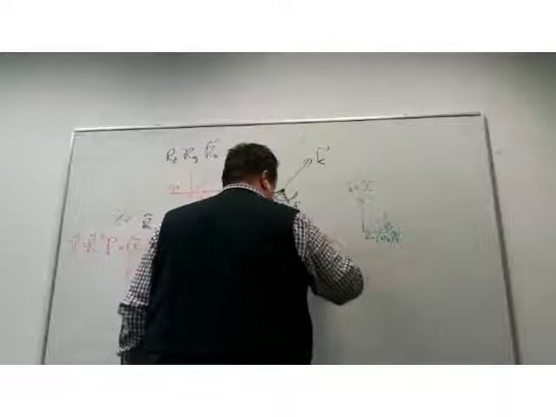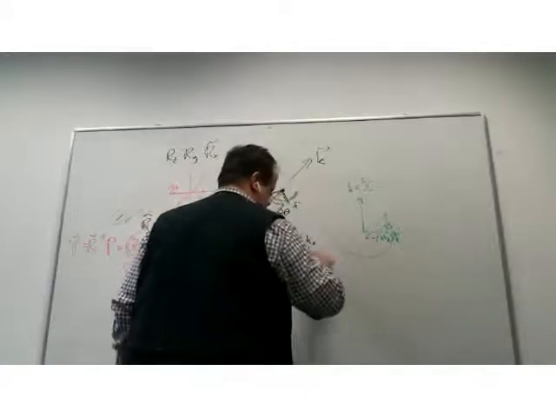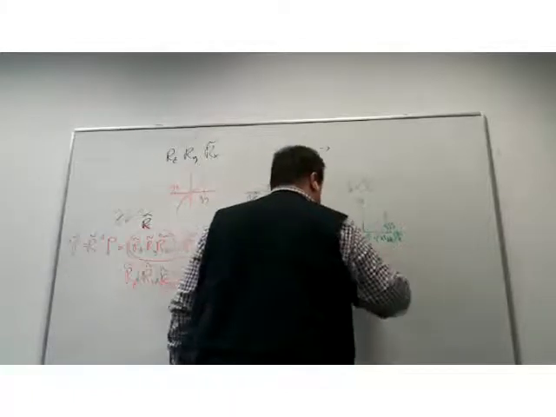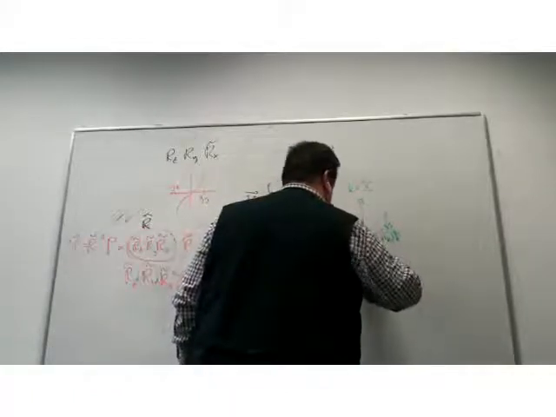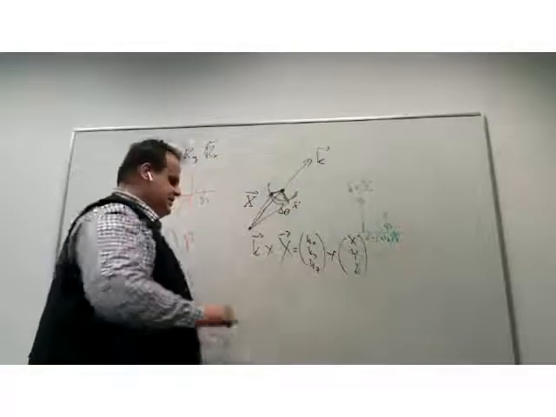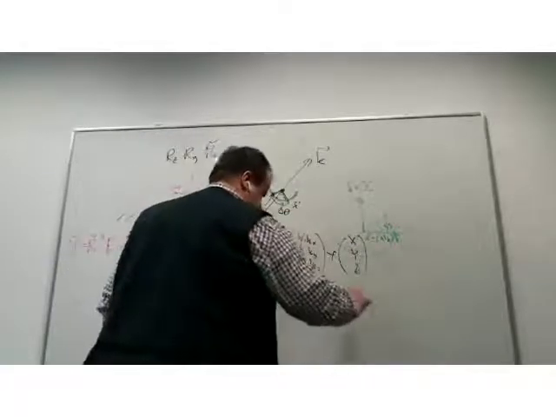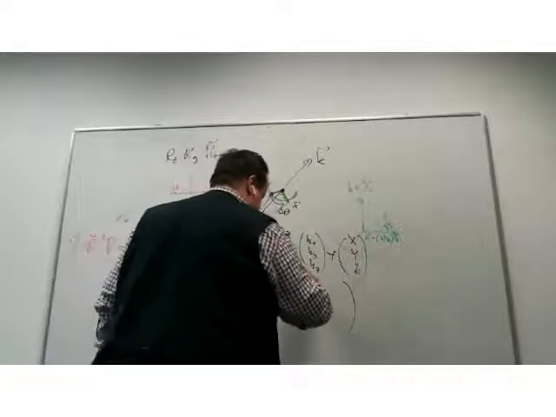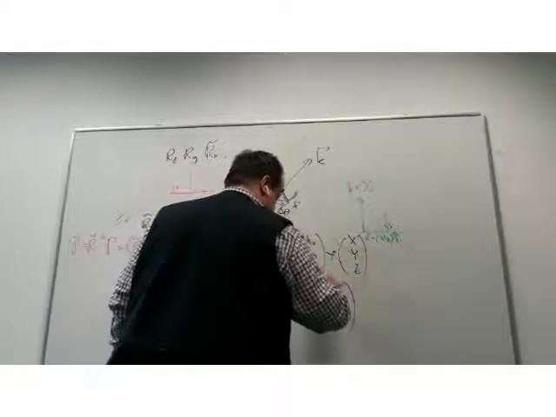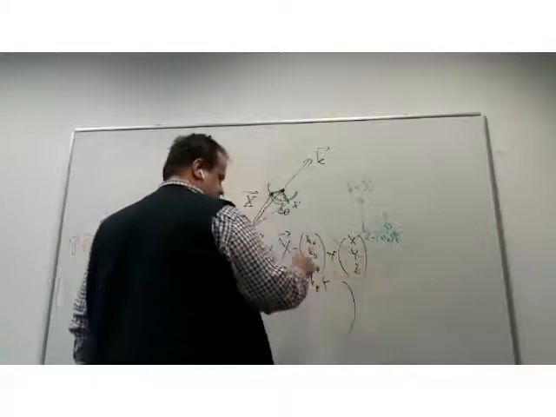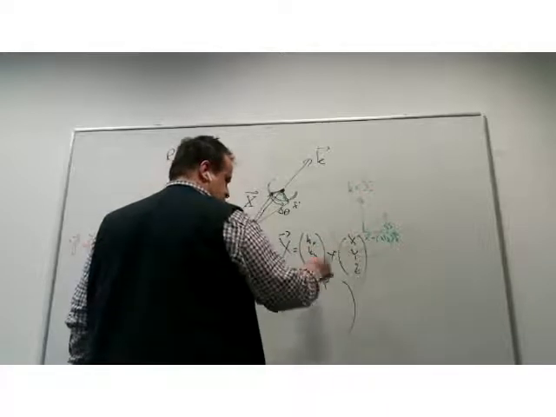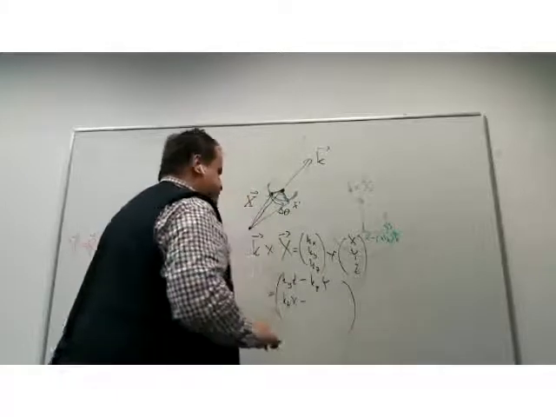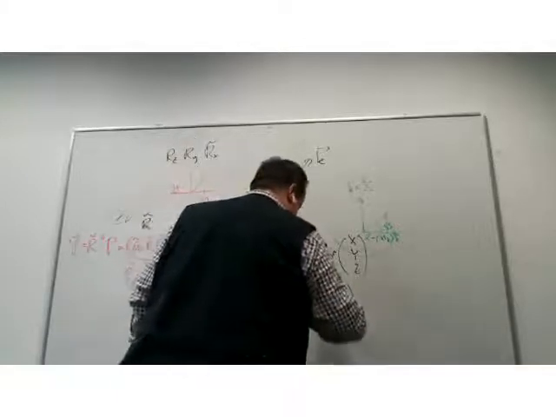which is basically kx, ky, kz, the three coordinates of the k vector, cross product x, y, z. These are the three elements of the second vector. So we calculate what happens here. The first one is ky z minus kz y. The second entry is kz x minus kx z.